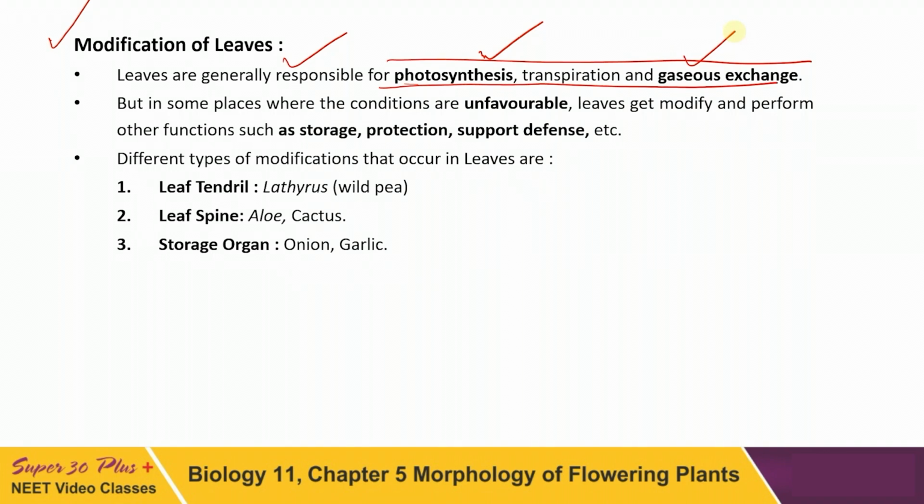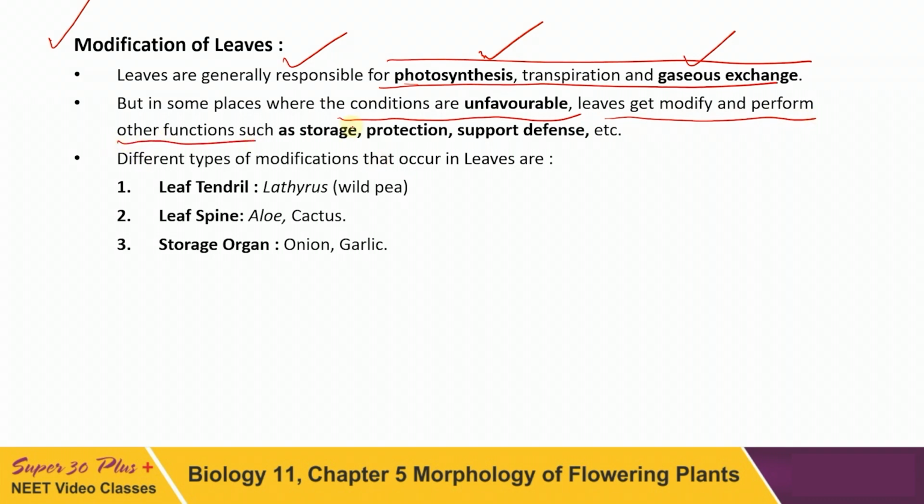But sometimes the leaf will be modified because it has to adapt itself according to its environment, when the conditions are a little unfavorable and the typical leaf cannot survive. Therefore, the leaves get modified and they perform some other functions.